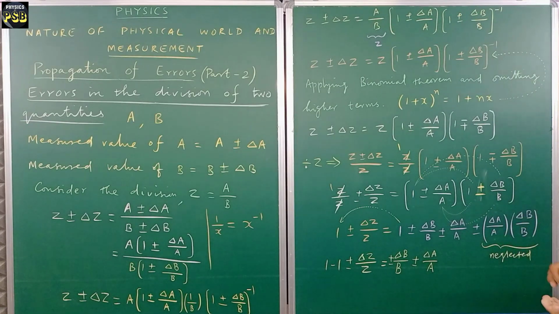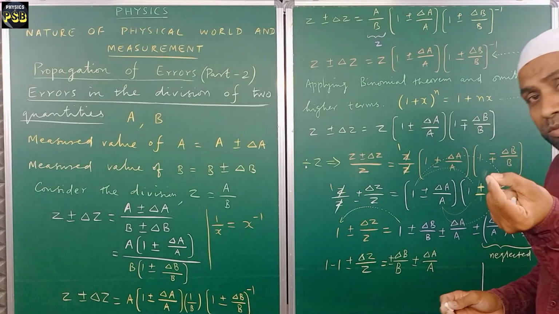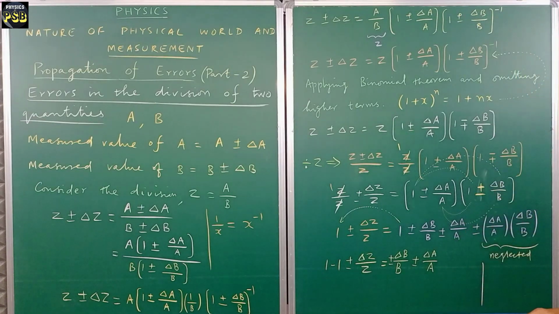Why do we neglect this? Let me explain this with the help of a simple example. Here delta A is a small quantity, a small part of A. When delta A is divided by A, which is a large quantity, we obtain a very small value as a result.